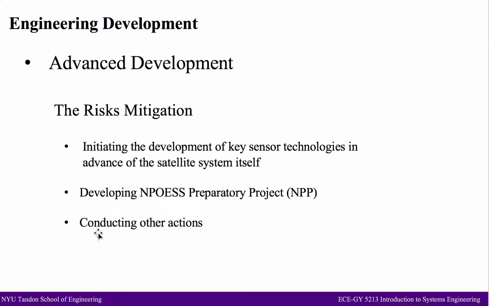A risk reduction action only targeting the space segment risk initiated the development of key sensor technology in advance of the satellite system itself. Because environmental sensors usually need 8 years to be developed, the program office began developing 6 of these 8 sensors with more advanced technology earlier.